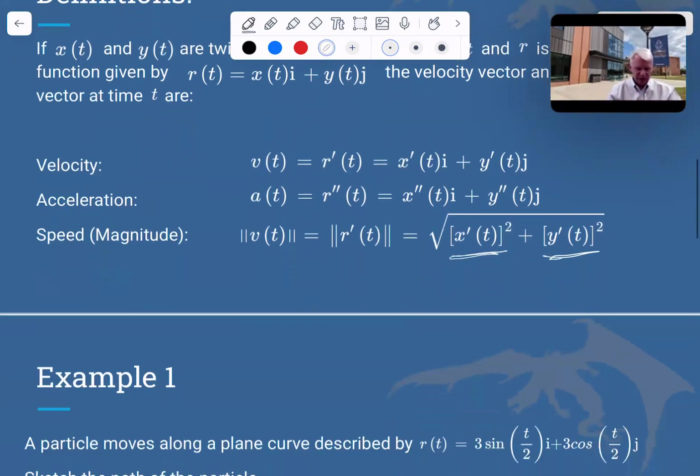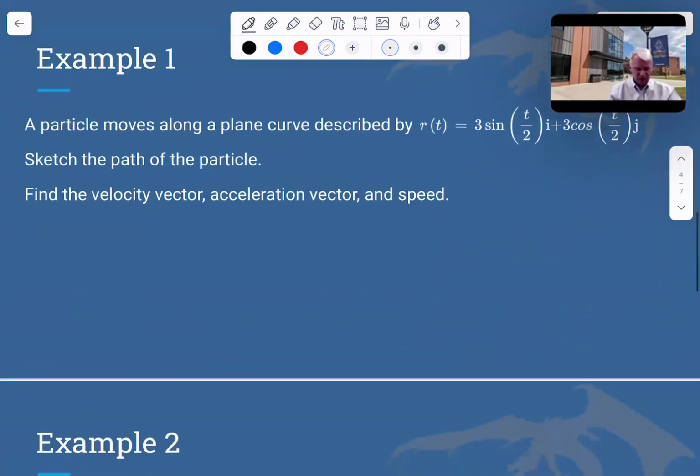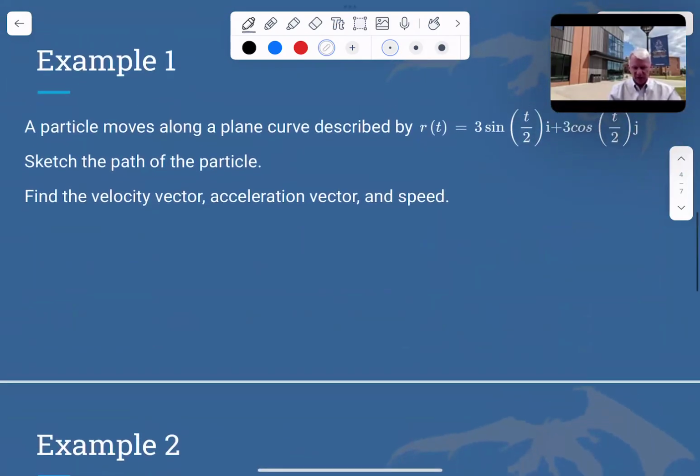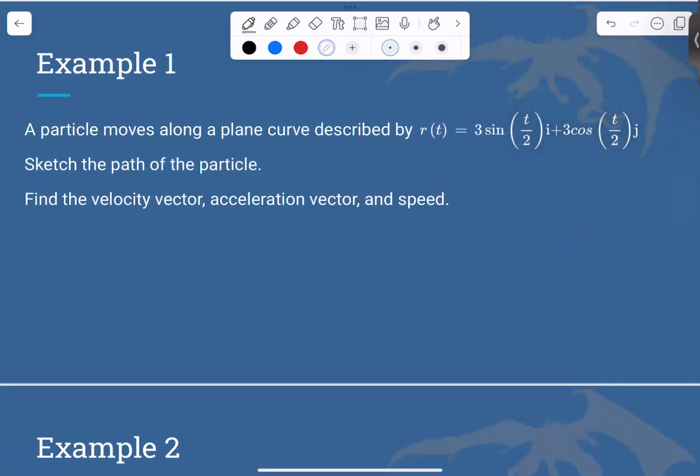All right, so let's get into example one. A particle moves along a plane curve defined by 3 sine of t divided by 2 for the i component and 3 cosine of t divided by 2 for your j component. Let's sketch a graph of this first. I would just make a quick table with my t, my i component, and my j component.